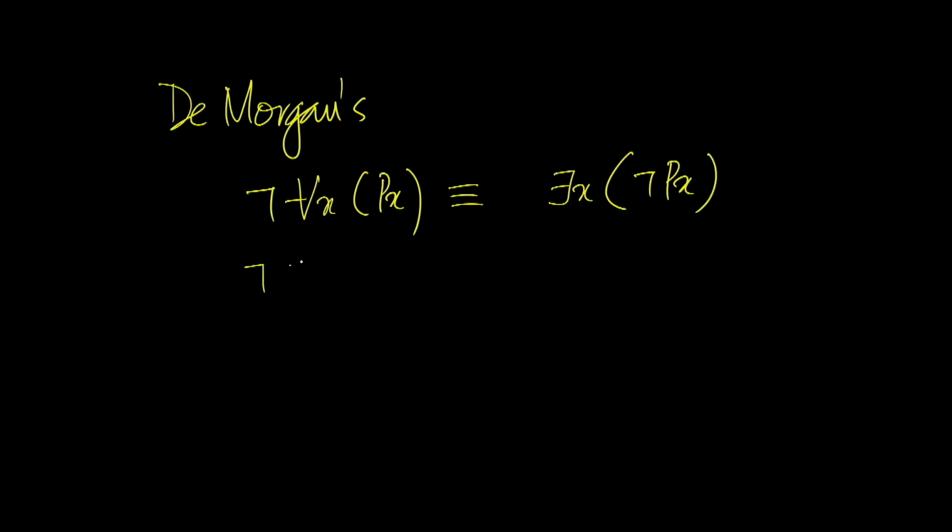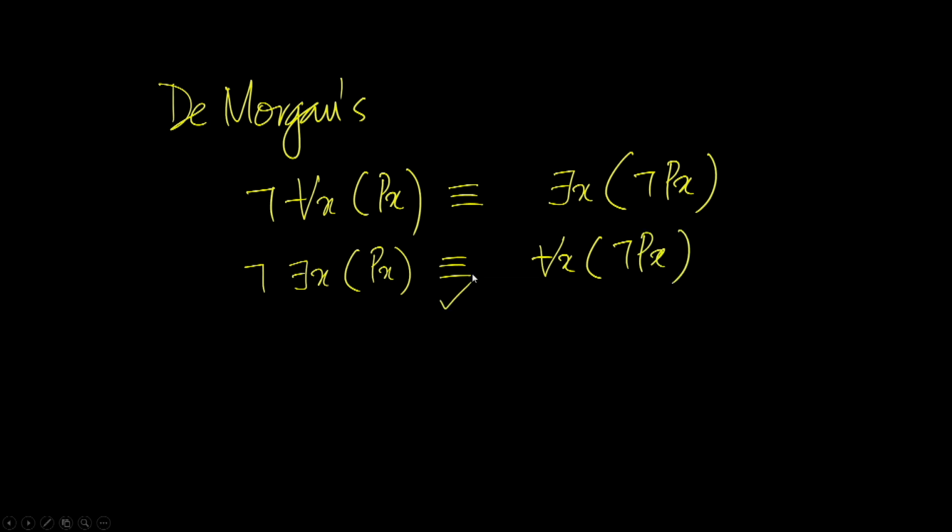Similarly, negation of there exists x px is logically equivalent to for all x negation of px. So, these are logical equivalences.